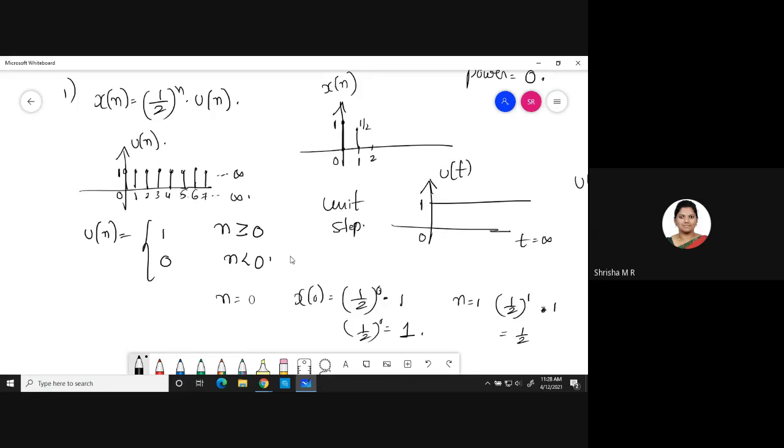At n is equal to 2, half to the power of 2, which is nothing but 1 by 4, right? At n is equal to 3, half to the power of 3, or 1 by 8. So this is 1 by 4.